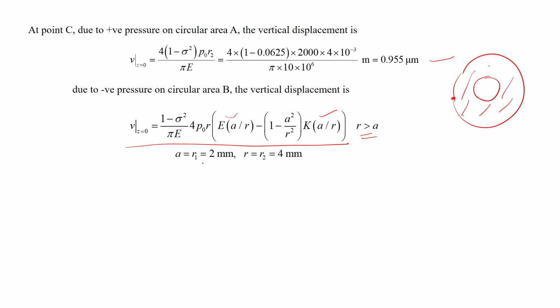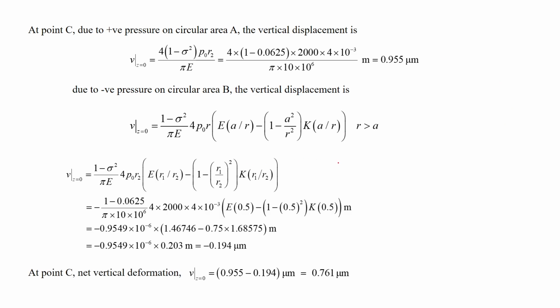Remember that here r1 is 2 and r2 is equal to 4, so r1 by r2 will be 0.5, because it is just outside the contact area. Finally, after doing all the algebra, we can use the value of K at 0.5, which is about 1.68575, and E at 0.5, which comes out to be this.